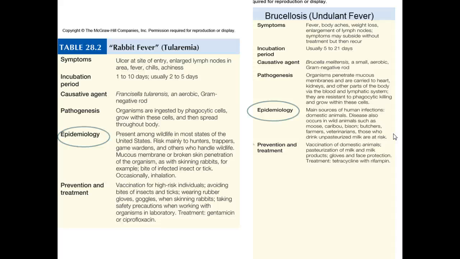The other name for it is undulant fever, because people tend to have periods of fever and then it subsides and then they get fever again. So it's this up and down cycle of fever. Since it can get into the lymphatic system, it can cause enlargement of the lymph nodes. And people can recover without treatment.